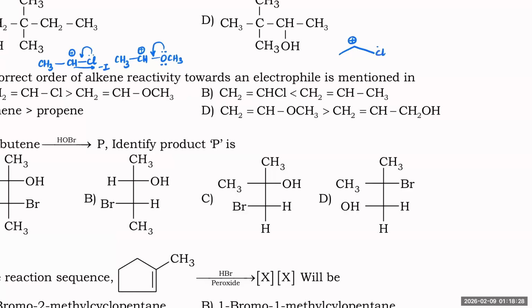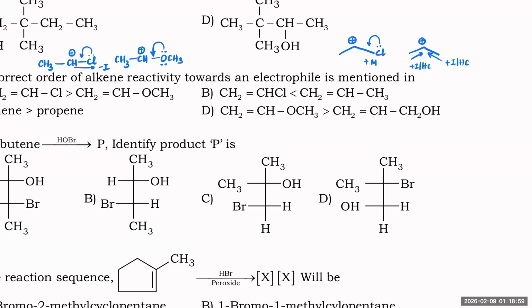Chlorine is donating by plus M, while here we have a positive charge, this is donating by plus I and hyperconjugation. This side also it is donating by plus I and hyperconjugation. Now guys, please tell me, if I get a positive charge here, the lone pair is pushing electrons that will complete the octet here. See, in the first case, if you notice, both of them are completing the octet.